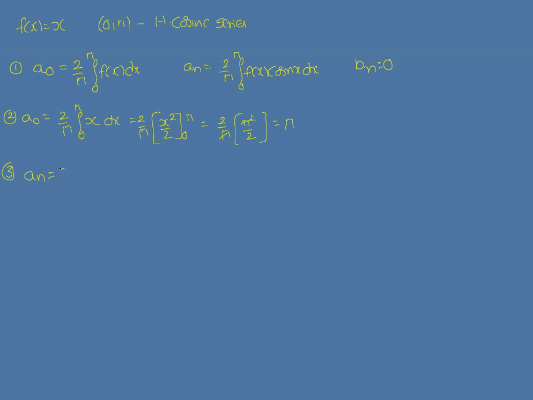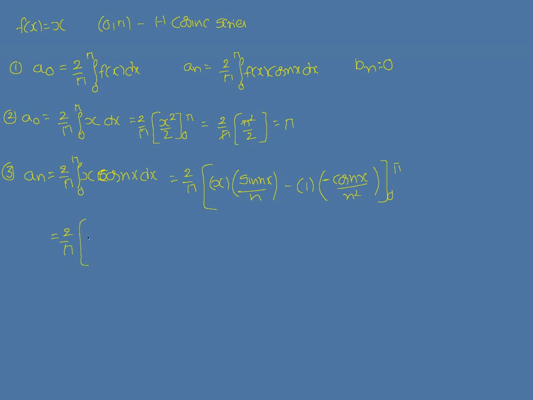So an is equal to 2 by pi into integral 0 to pi, f of x is x, cos nx dx. That is equal to 2 by pi into x into the integration of cos nx, which is sin nx by n, minus the differentiation of x, which is 1, and the integration of sin nx, which is minus cos nx by n square, between the limits 0 to pi.